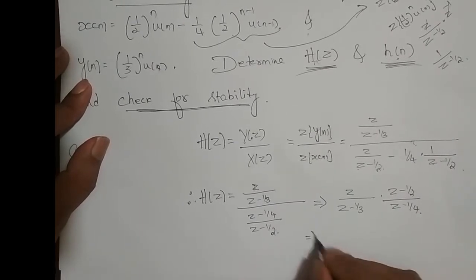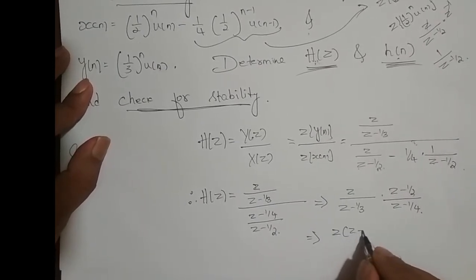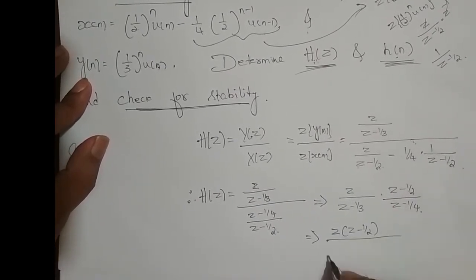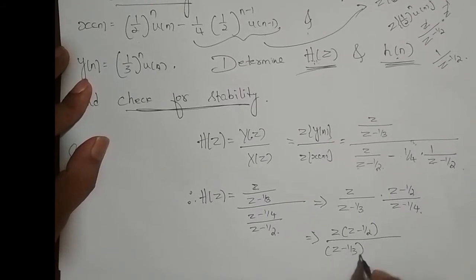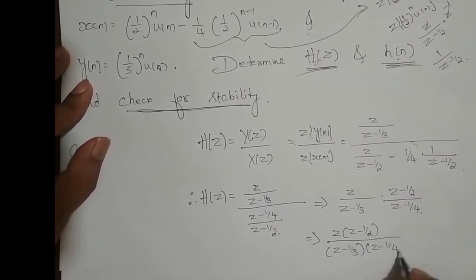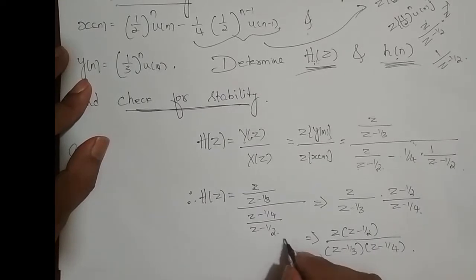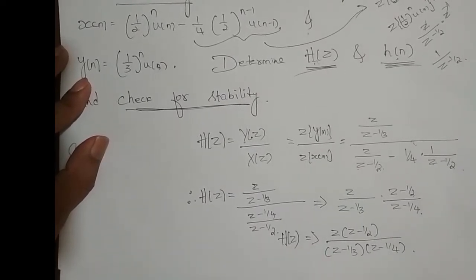And this is equal to z into z minus 1/2, whole divided by z minus 1/3 into z minus 1/4. So this is H of z, right?